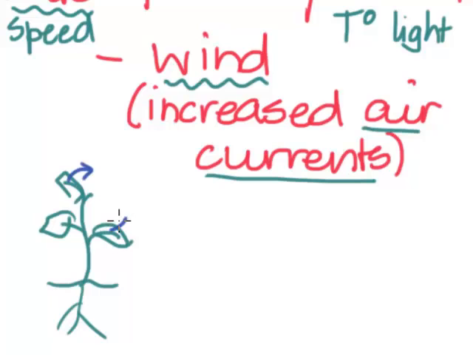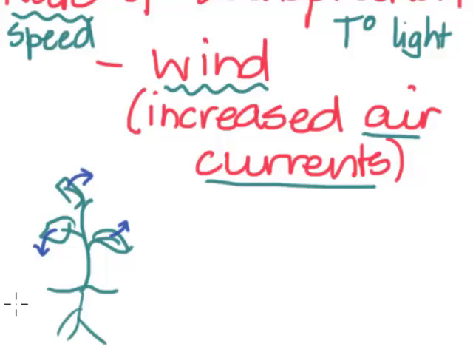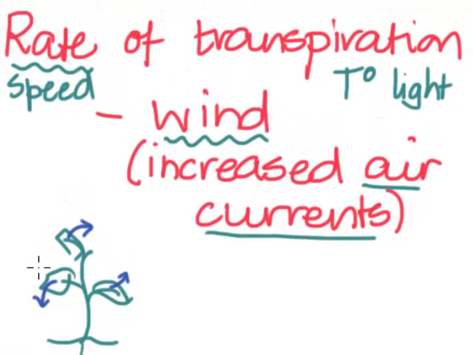Water is also produced by the process of cellular respiration, and therefore water is a feature of the leaves of this plant. But the plant loses water vapor from the stomata, and that is precisely the process of transpiration.